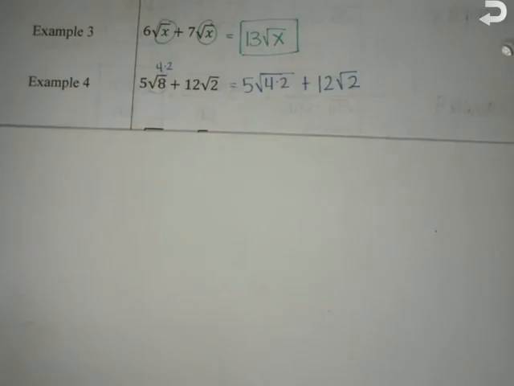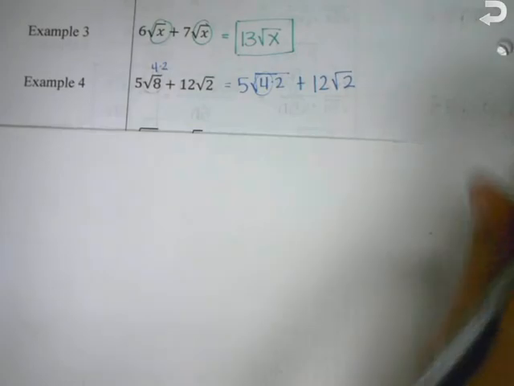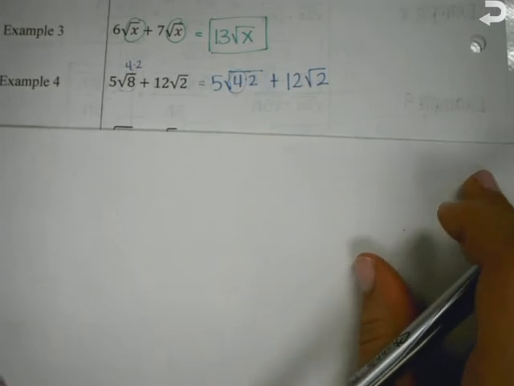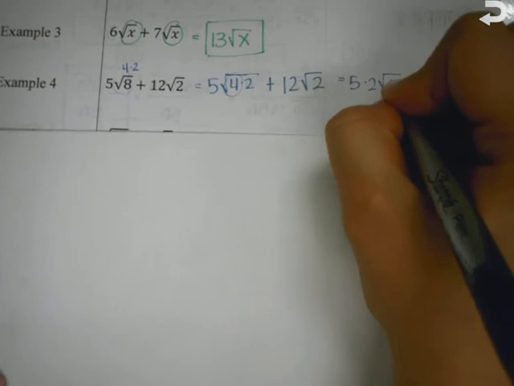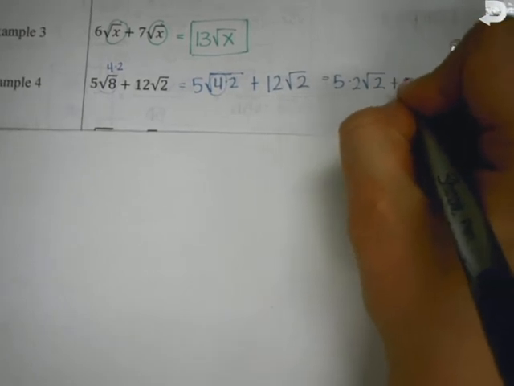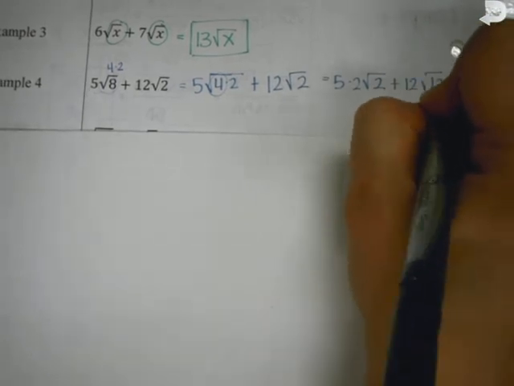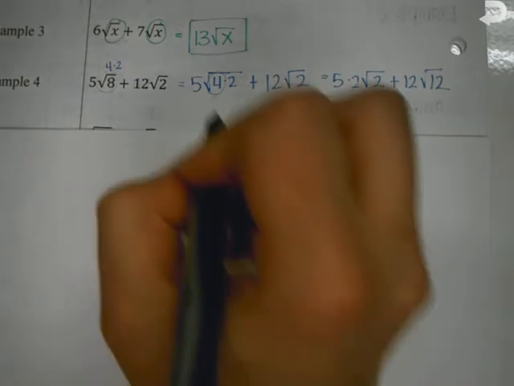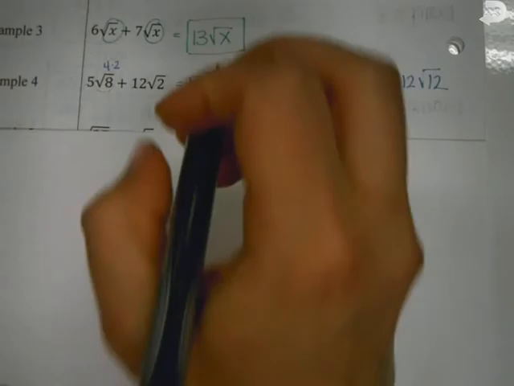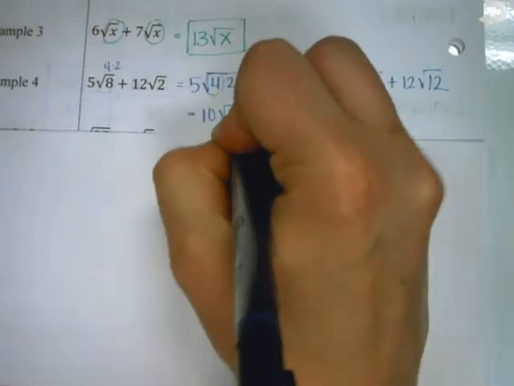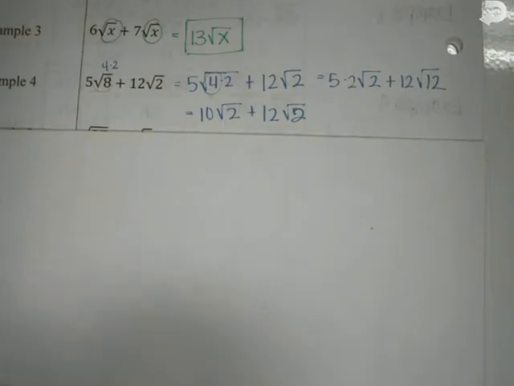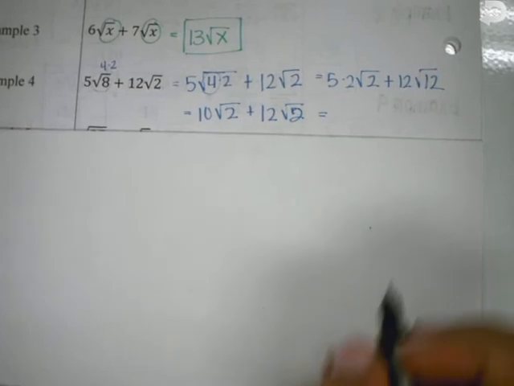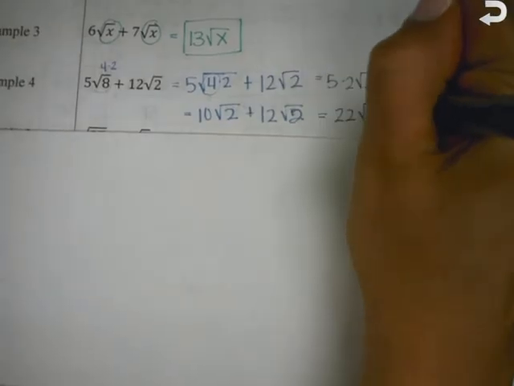What's the square root of 4? 2. So this is 5 times 2 root 2 plus 12 root 2. So what does that become? 10 root 2 plus 12 root 2. And now, are they like radicals? Yeah, they are. So what's the answer? 22 root 2. See why you need to simplify first?